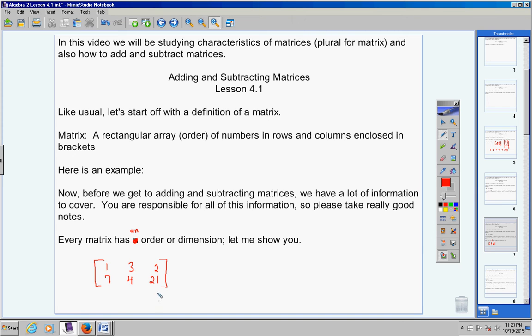Please pay close attention. Whenever I ask you to find the order or the dimension of a matrix, you put the rows first and the columns second. You also put a little X here, but that X does not mean multiply, it means the word by. So when you see that X, it means rows by columns, okay?